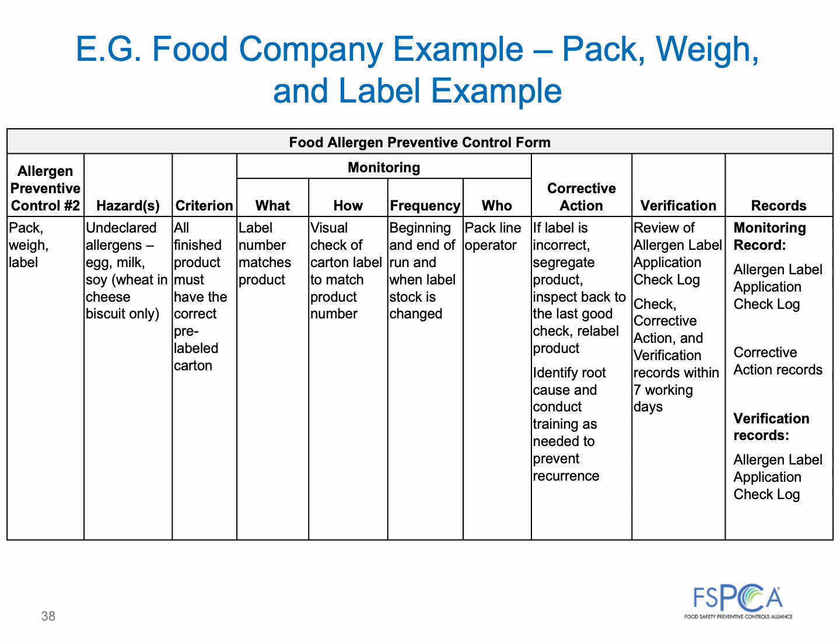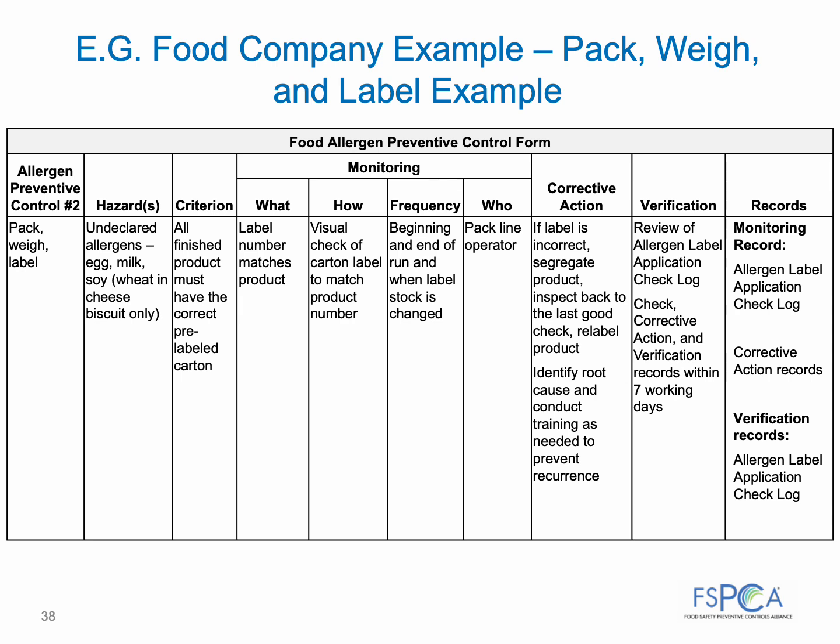The monitoring portion of the allergen preventive control uses the same structure as that for process preventive controls, identifying what, how, when, and who. At this step, the pack line operator matches the label to the product number.